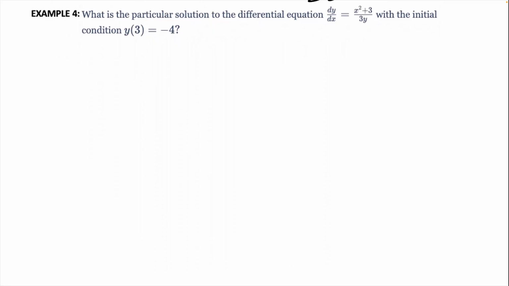What's step 1 going to be? Put X on one side. X is on one side, Y is on one side. Yes, both. We can't have X's and Y's on the same side of our equation.